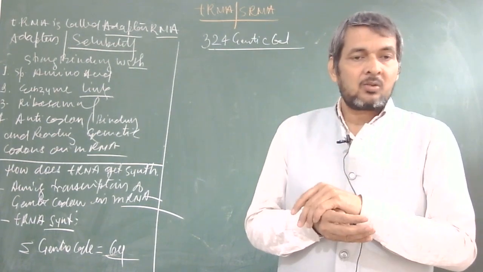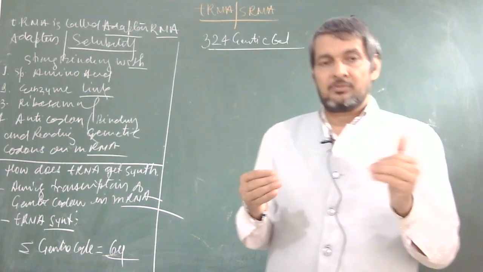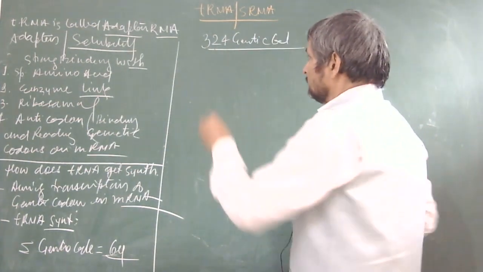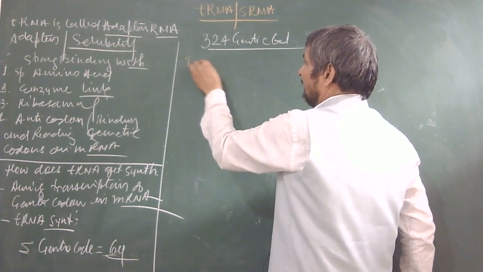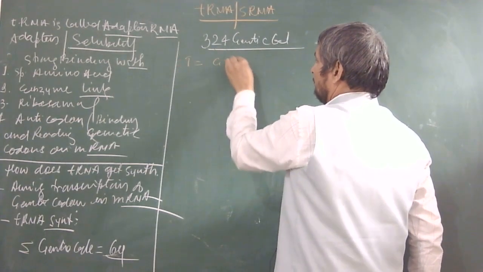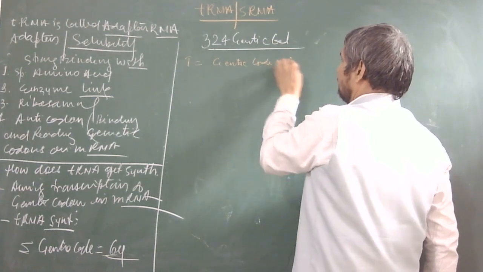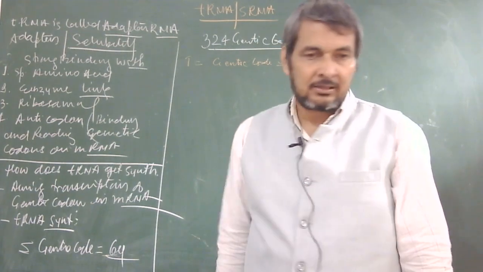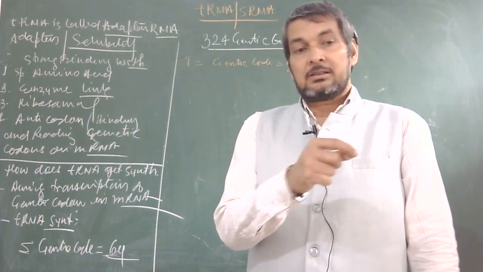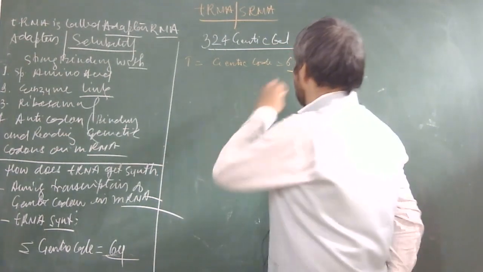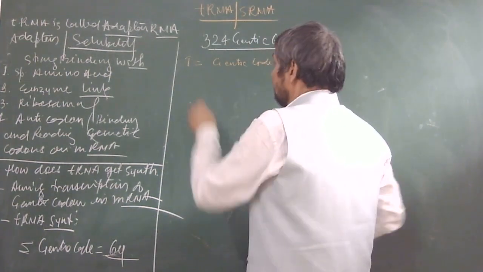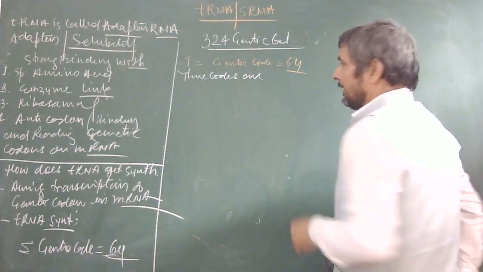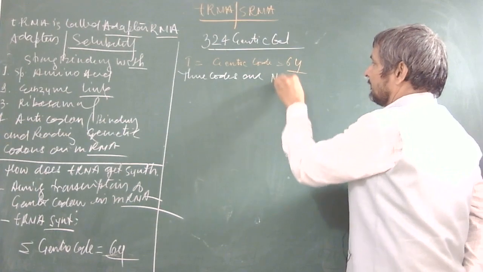Total nitrogen bases are 4. The vowel concept is shown to you. Total genetic codes are 64 due to the vowel concept. Very important: the total number of genetic codes is equal to 64. Among these 64, 3 codes are nonsense. Those are the inert codes.